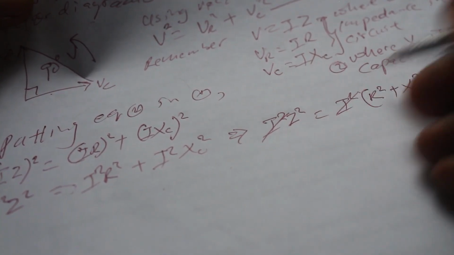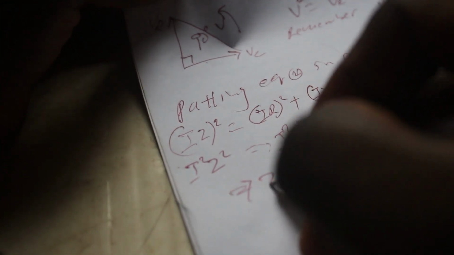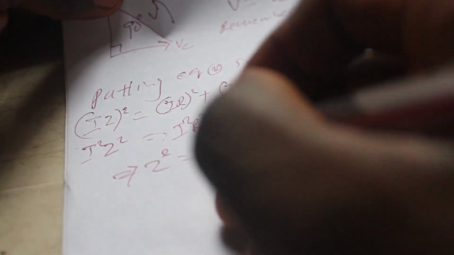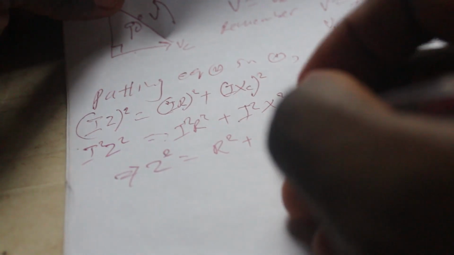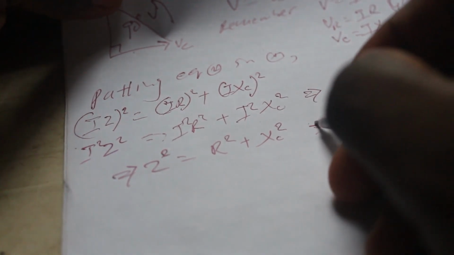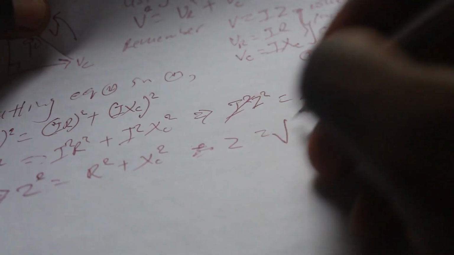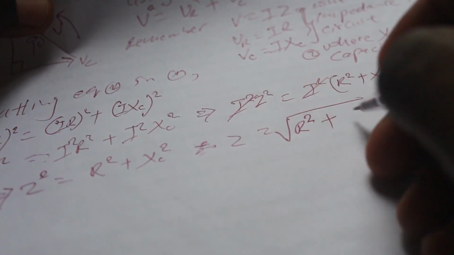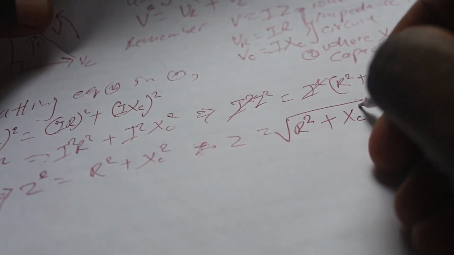Now take this I squared away, and that means we have Z, the impedance, where Z squared becomes R squared plus XC squared. Now take this square over to the side. We say therefore Z becomes the square root of the square of the resistance plus the square of the capacitive reactance.